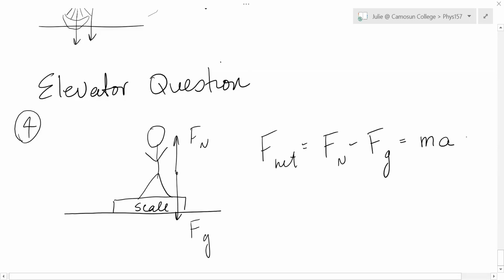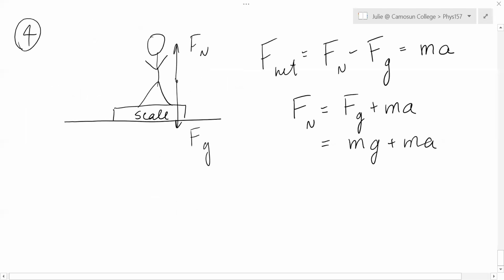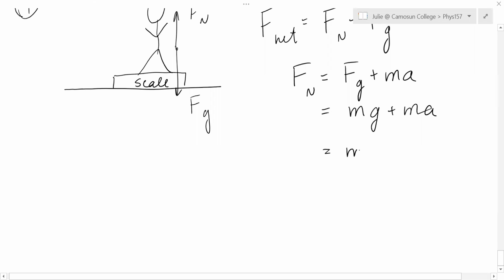This is always true no matter what the scale is doing. And so the normal force is equal to Fg plus ma, or mg plus ma. And so you can write this as m times (g plus a). That's the normal force, and that is the reading on the scale.